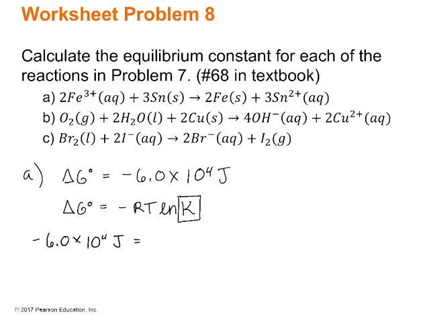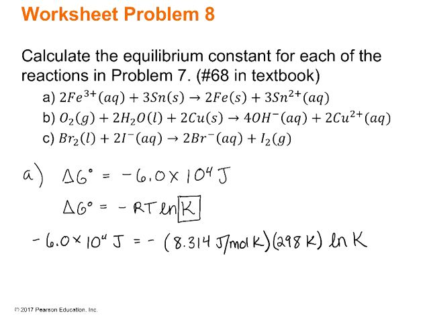And then we're going to plug in the gas constant, which we want the one where the units are in joules. So this will be 8.314 joules per mole Kelvin. And then the temperature is 298 because the temperature in the previous problem was 25 degrees Celsius. So if we add 273, we get 298. And then we have the natural log of K.